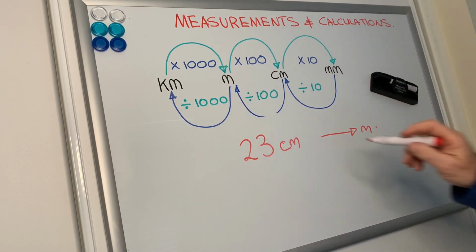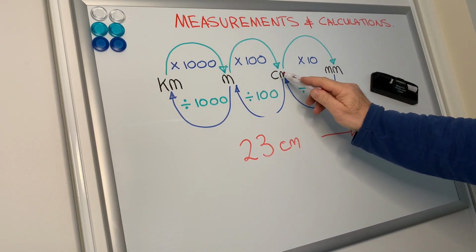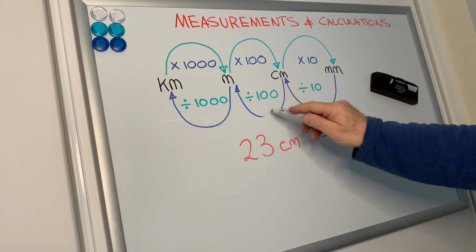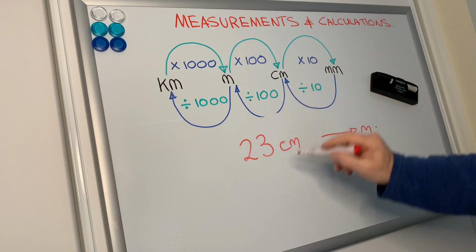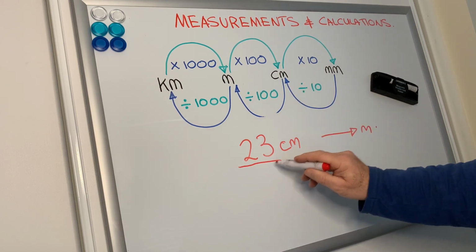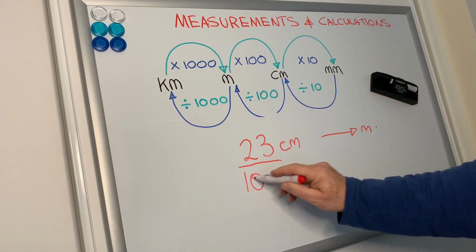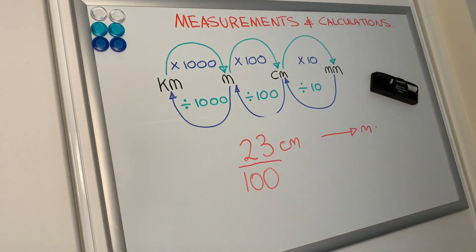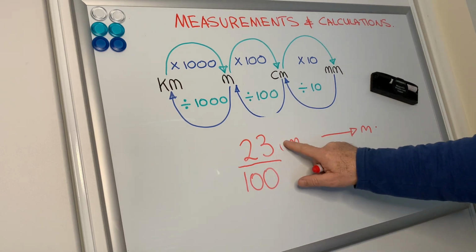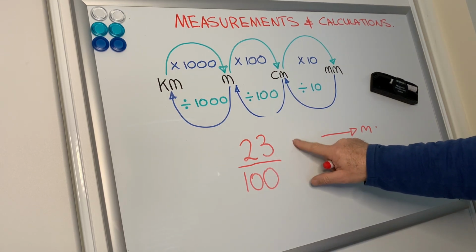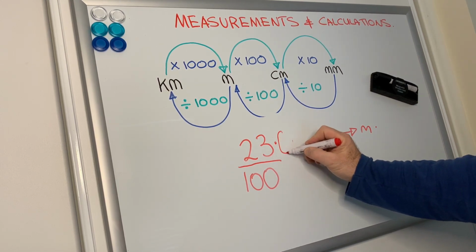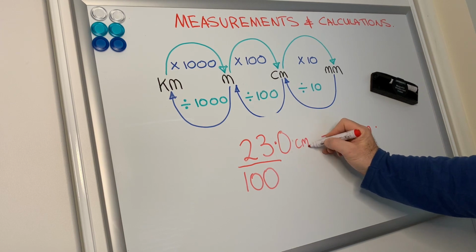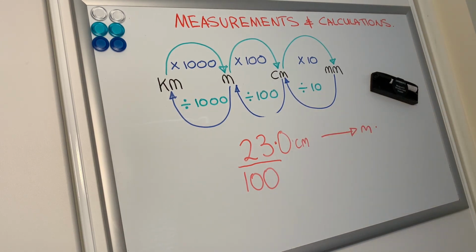So 23 centimeters into meters, so we're going to divide it by 100. So we're going to divide that by 100. Again, this 23 centimeters is the same as saying 23.0 centimeters. I just want to pop that decimal point just to help you a little bit.